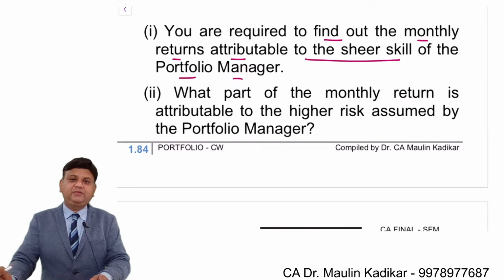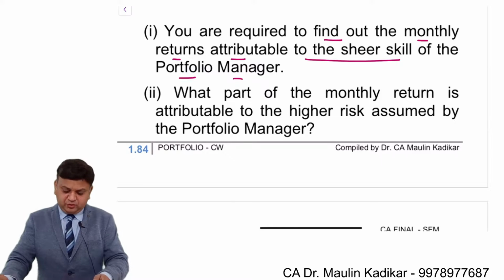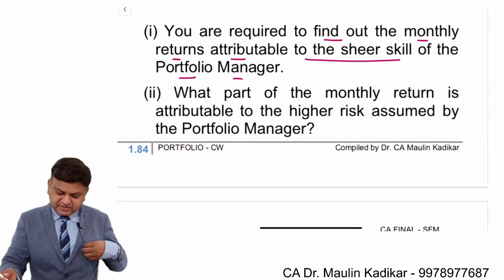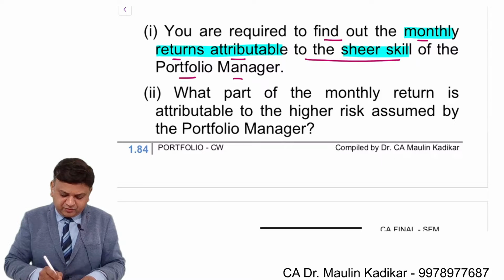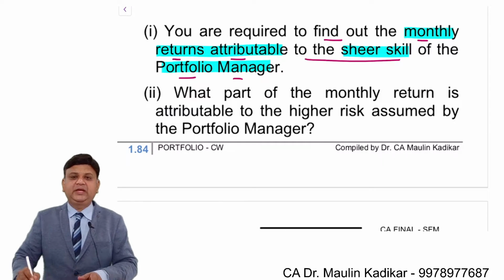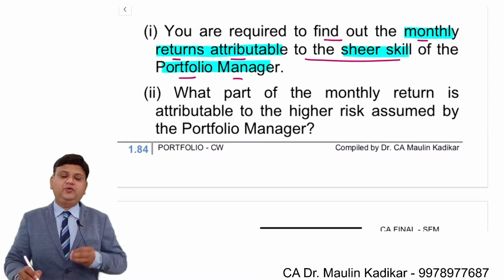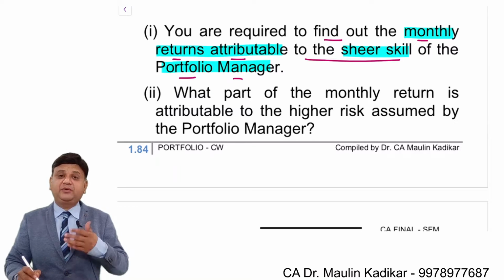Now the important part of the question starts. Be careful to understand it. The question says that you're required to calculate the monthly returns attributable to the sheer skill of the portfolio manager. It means how the portfolio manager is able to beat, or give better performance.